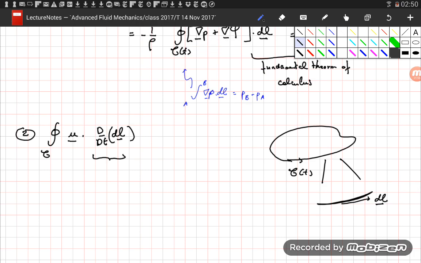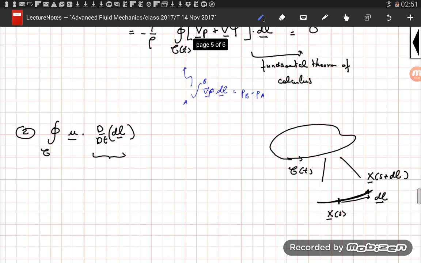So what is dl? Really, it is the difference between the position vectors. This point is at position x of s, and this point here is at the position x of s plus dl. It's really this vector dl, the difference between those two position vectors.